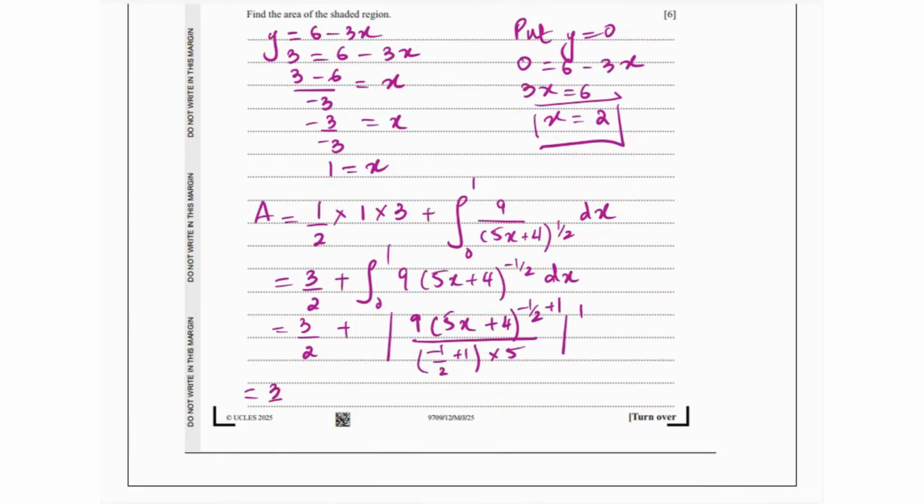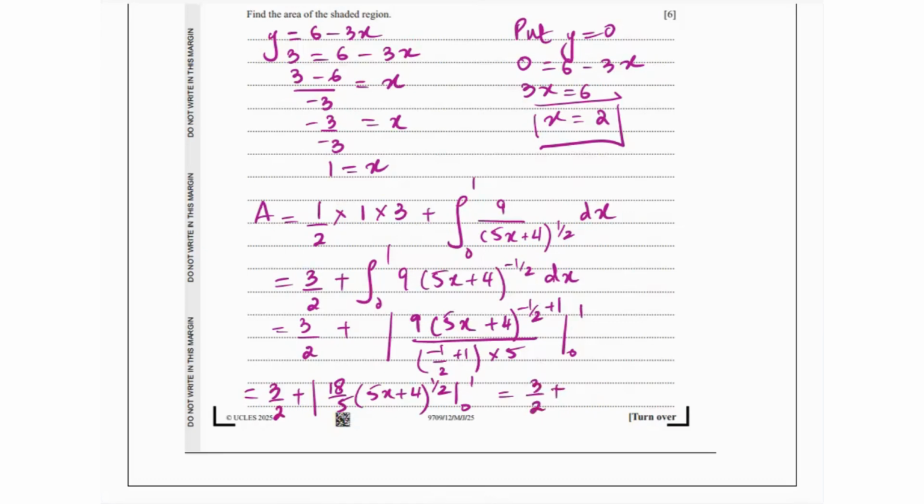We simplify this, that's going to be 3 over 2 plus, negative 1 over 2 plus 1 is 1 over 2, so that's 5 over 2. 9 divided by 5 over 2 is 18 over 5, times (5x plus 4) to the power of 1 over 2 from 0 to 1.